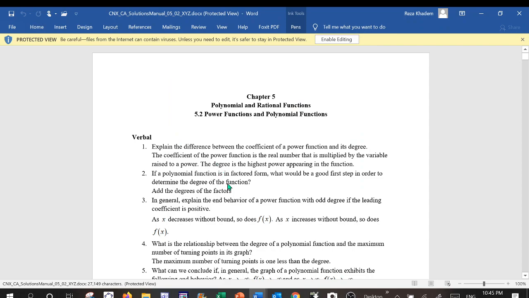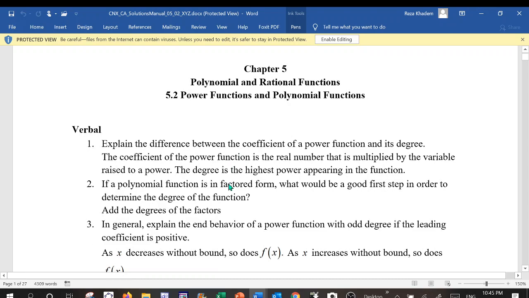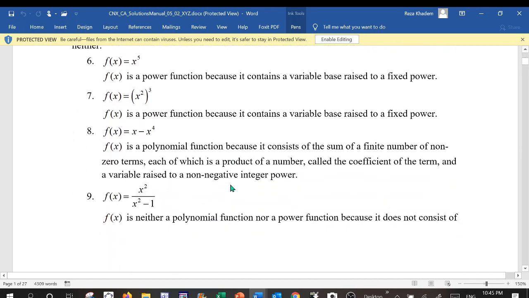Again, we want to make them a little bit bigger so you can see it. So let's start with these problems here. We want to know whether these are polynomials, power functions, or neither. Is this a power function? Yes, because it looks like the power function that we talked about.